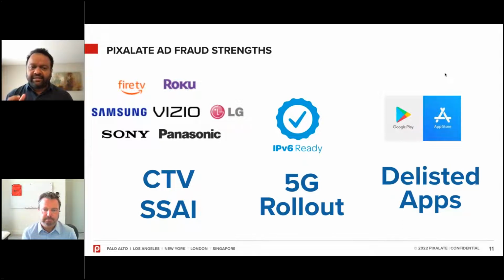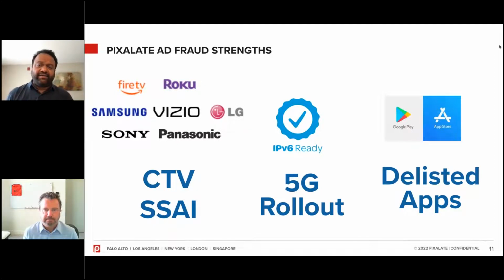And this also ties into what I mentioned earlier about our capabilities around SSAI, right? So the kind of IVT that we can detect across CTV and SSAI has been very powerful, and that's the reason why the data feed that we have in the Amazon DSP is very rich, because we have gathered that data across all these different platforms.